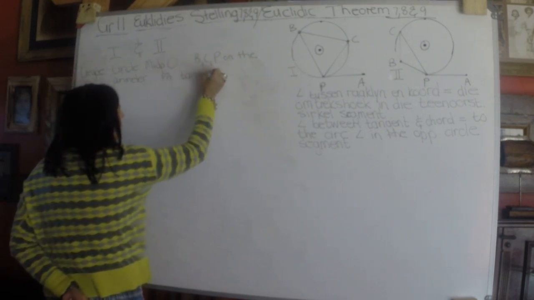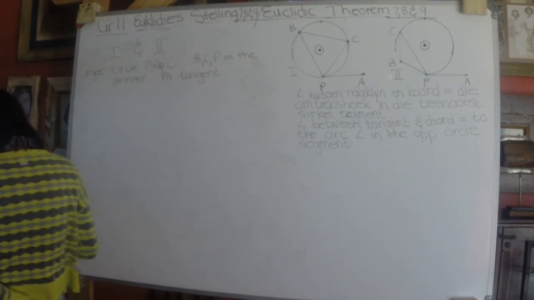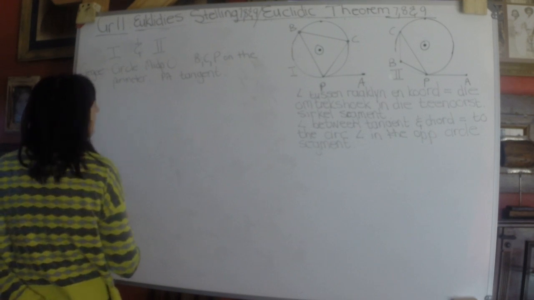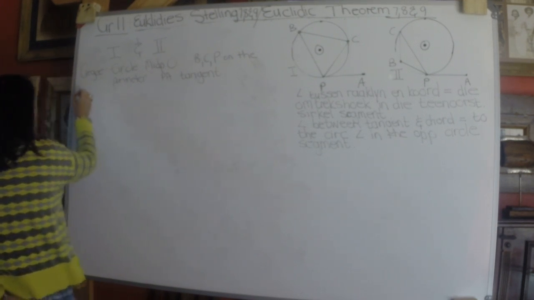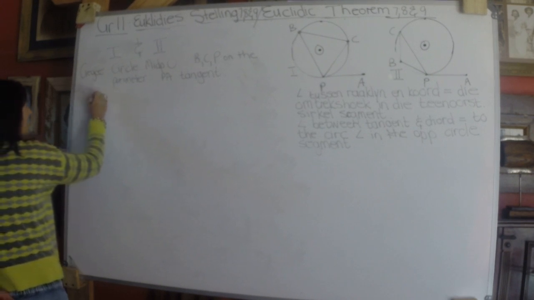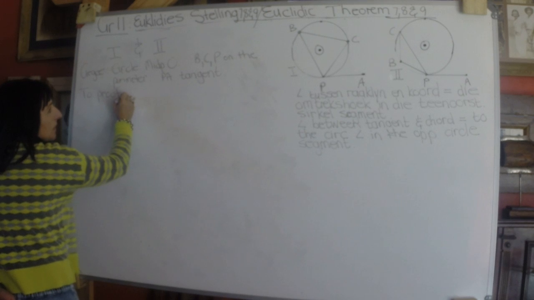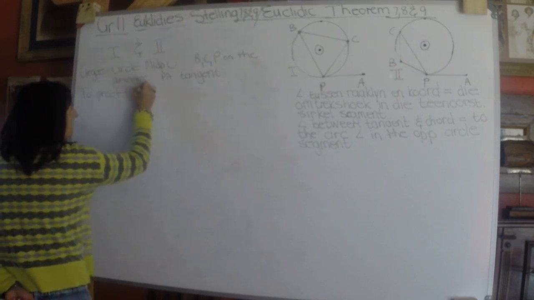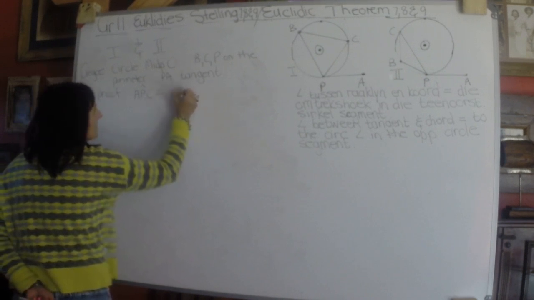That's all the things that's been given. Circle, midpoint O, PA is a tangent, and P, B and C are points on the perimeter. So to prove both cases, we want to prove that angle APC equals angle PBC.